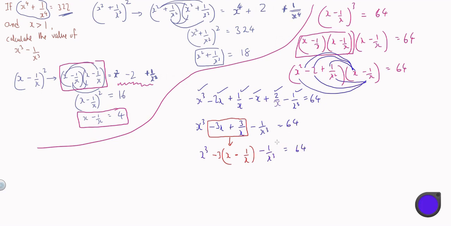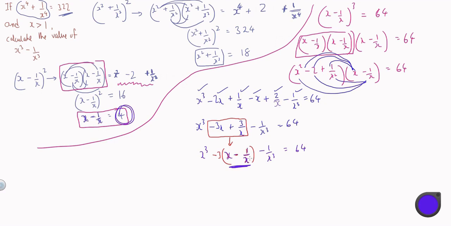Now you'll notice one thing. This bit over here, x minus 1 over x, the bit I put in bracket, is worth 4. You can see here, the bit I put in bracket, this thing over here, is what I've got over here.